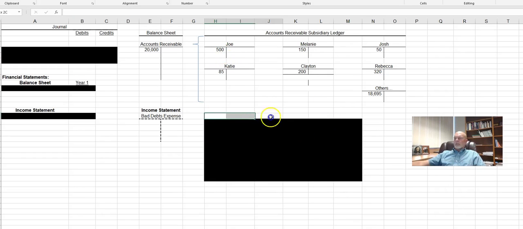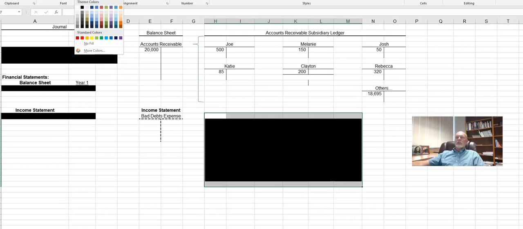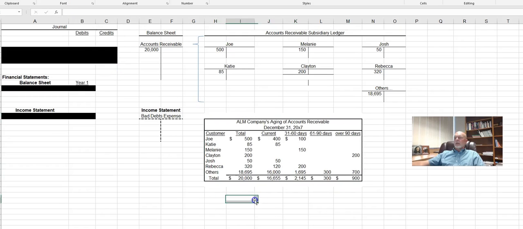Periodically, you may want to prepare what's called an aging of accounts receivable. An aging schedule is where you lay out all of the customer balances. I've got all of these individual customer balances listed here in the total column, and again, that all adds up to $20,000.